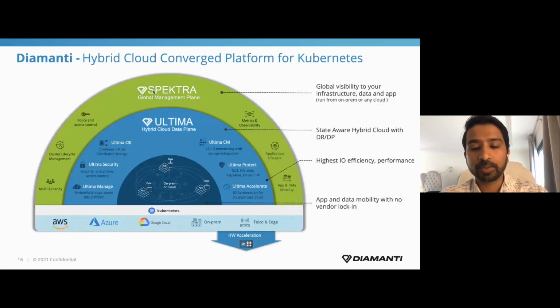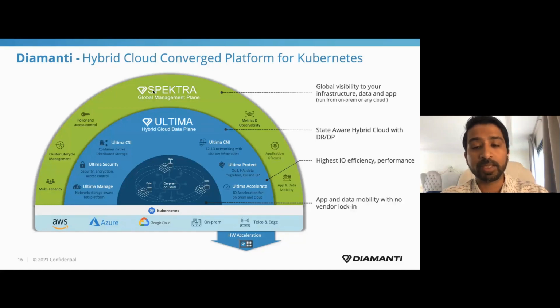So this is just an overall benefit picture of the Diamanti platform, where Spektra provides you the global management plane for policy, access control, cluster lifecycle across any cloud. You can create clusters on AWS, on GCP, and manage them from just this similar interface. Multi-tenancy is very important for all enterprises.